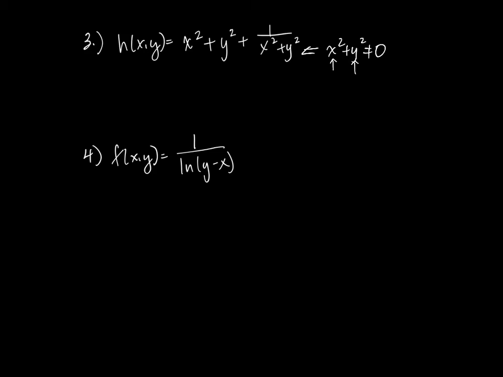Squaring x gives a positive, plus squaring y gives a positive, which should result in a positive number, with the only exception being when they both equal 0. So we can plug any other pair of numbers we want in here. So the way that we write that is D is equal to the set of all ordered pairs x, y, such that that point cannot be the point 0, 0.